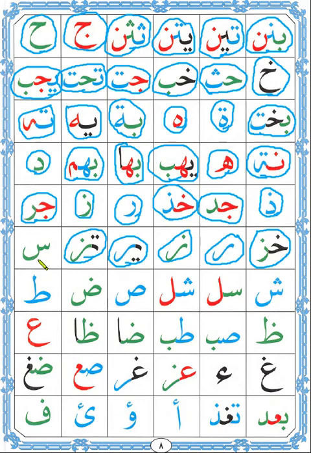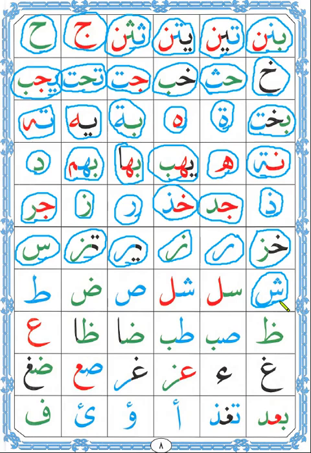Okay? This is the letter Sin. So it's this letter S from the sun. The letter Sin. This is the letter Sheen.